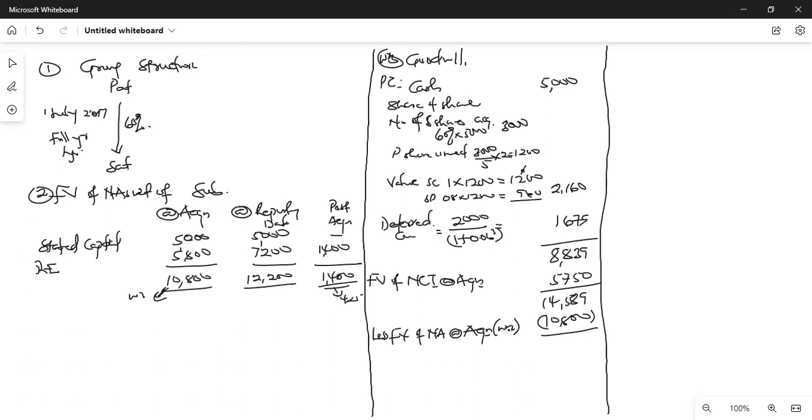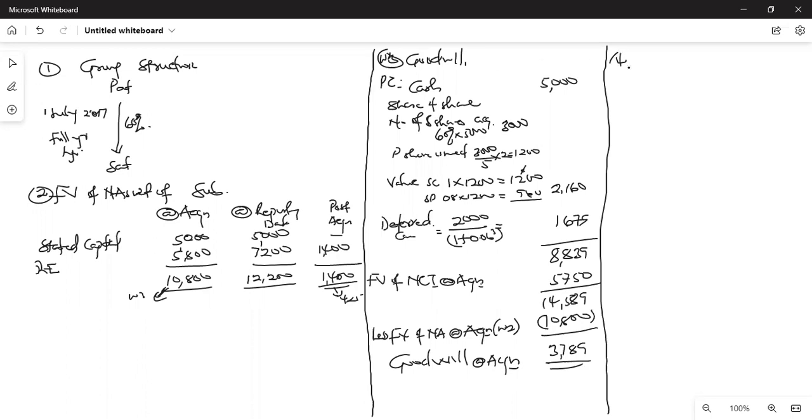If we take our 10,800, what we have is 3789. So that is our goodwill at acquisition. If there were impairment, you reduce it by the impairment, then you get goodwill closing to SOFP.